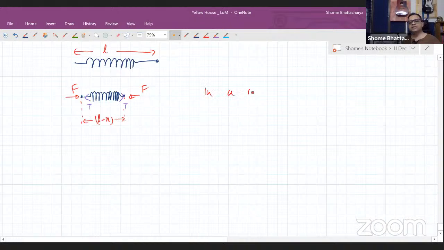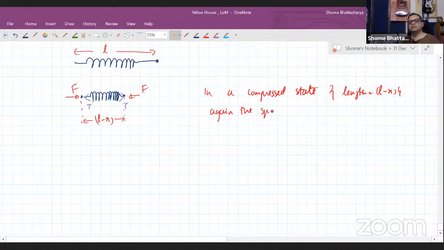So in a compressed state, the length of the spring is becoming the natural length minus x. Again, the spring develops an outward instead of, this time, inward tension or restorative force.